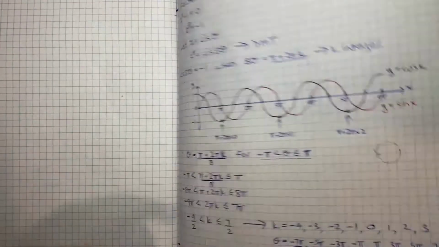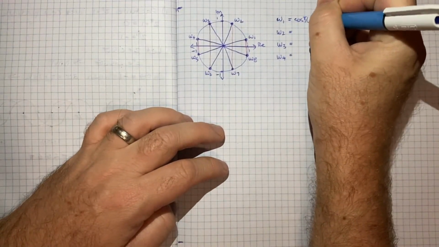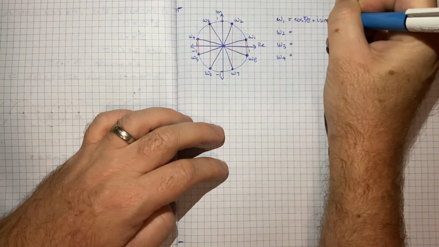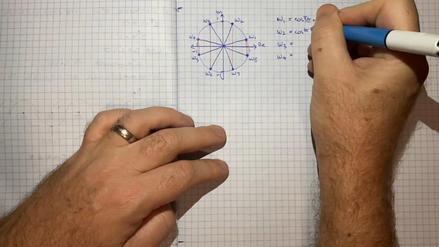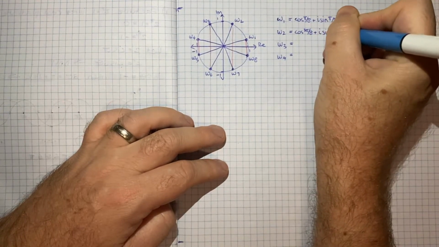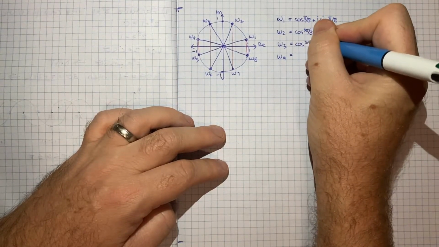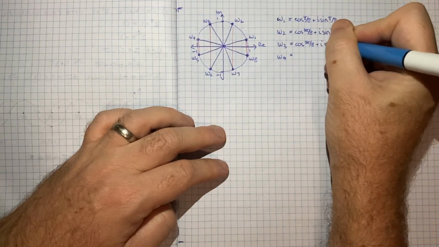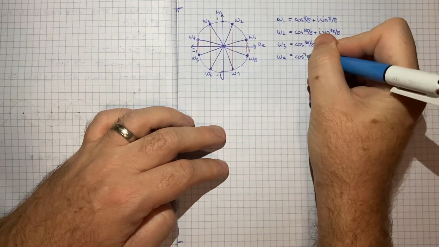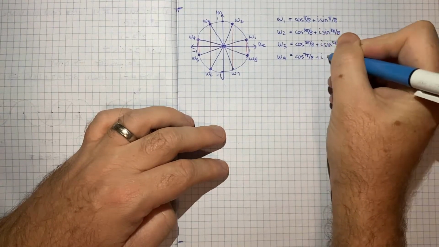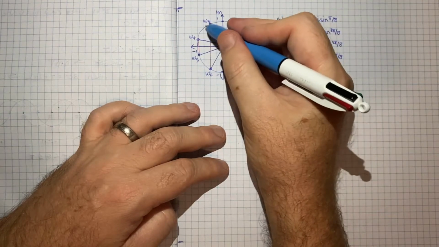So omega 1 is cos pi on 8 plus i sine pi on 8. Then we've got cos 3 pi on 8 plus i sine 3 pi on 8. We've got cos 5 pi on 8 plus i sine 5 pi on 8. Then we've got cos 7 pi on 8 plus i sine 7 pi on 8. And that captures these 4.